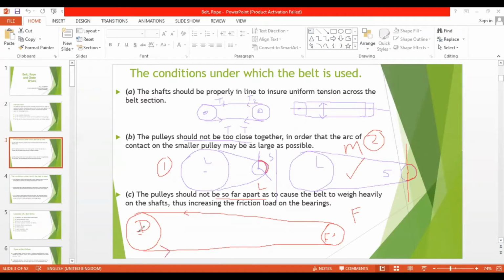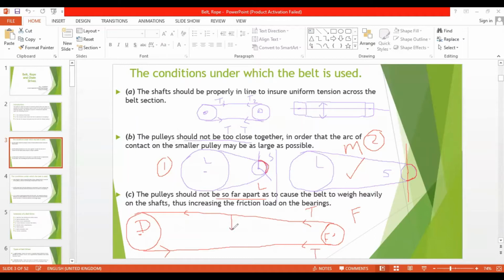If they are too far apart, what will happen? We know the belt also has some weight, and there is already tension in the belt. The weight of this portion will act somewhere here.